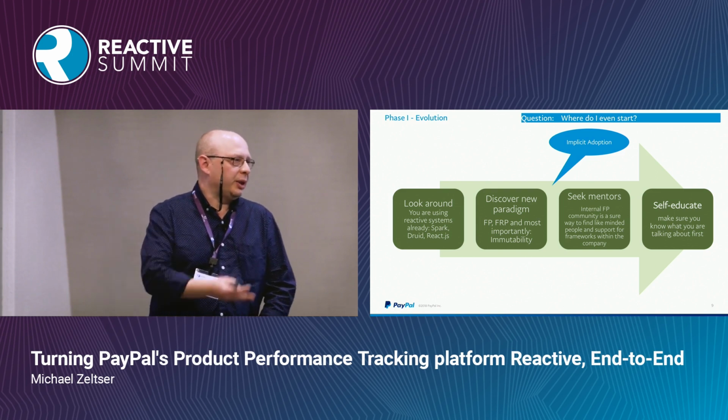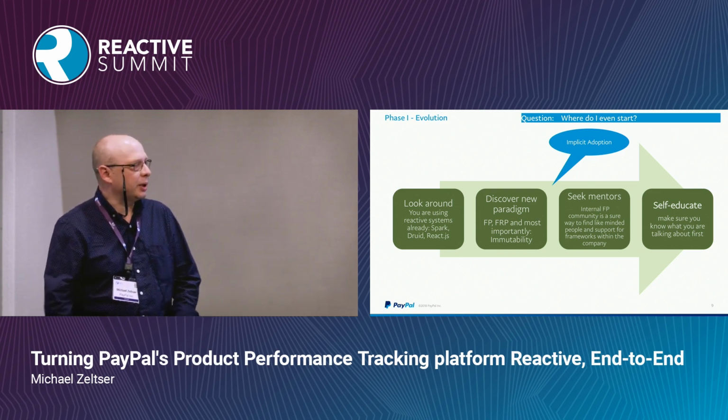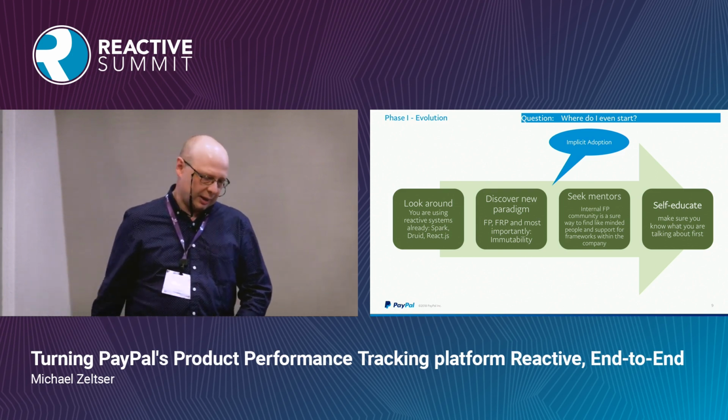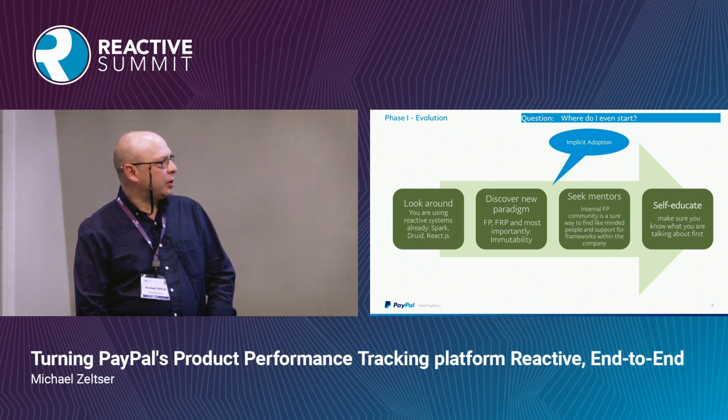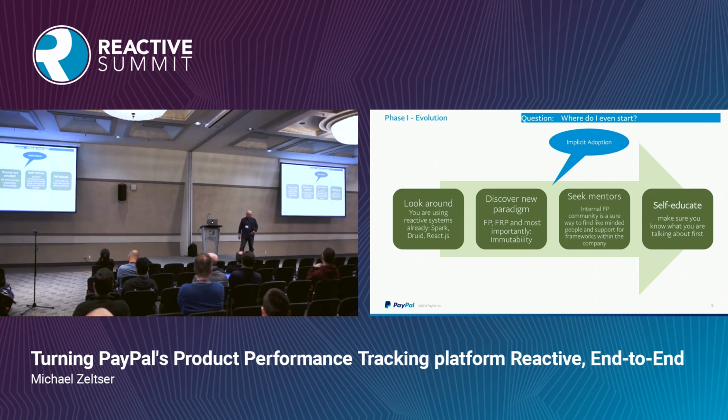They happen to be the committers for the S-cubes, and they helped us a lot and educated us a lot. Also self-educate, so personal experience: I took a bunch of courses on Coursera from the creator of Scala. I keep forgetting his name, but you know him.